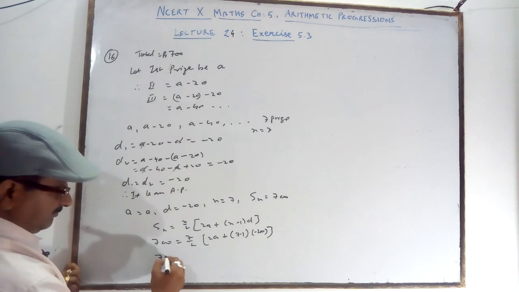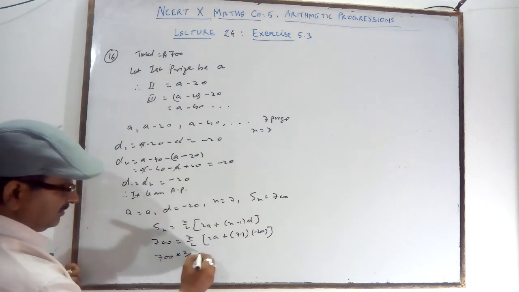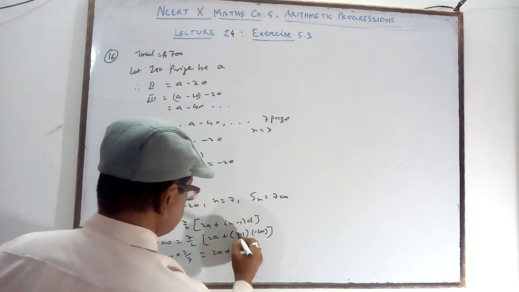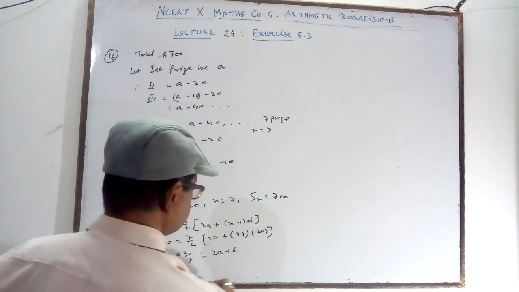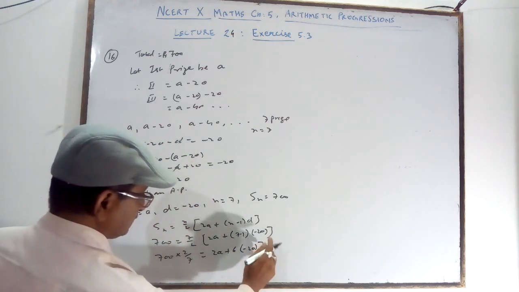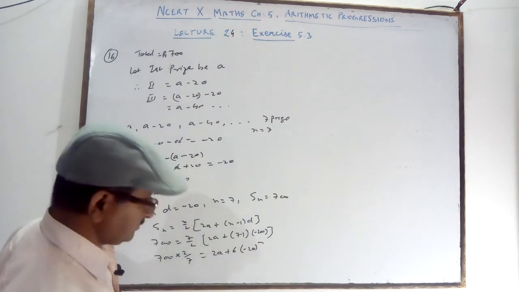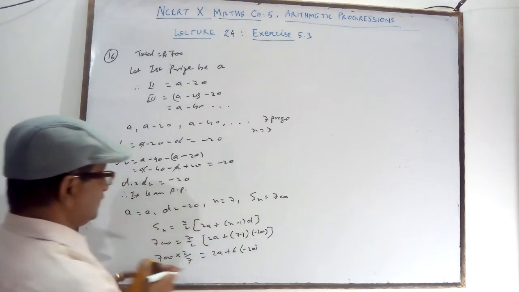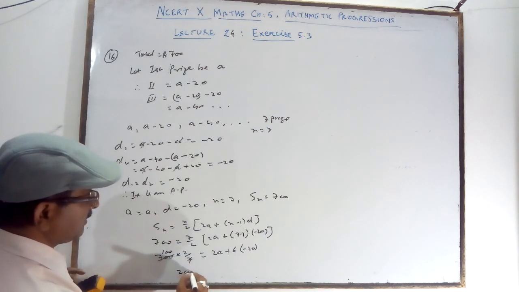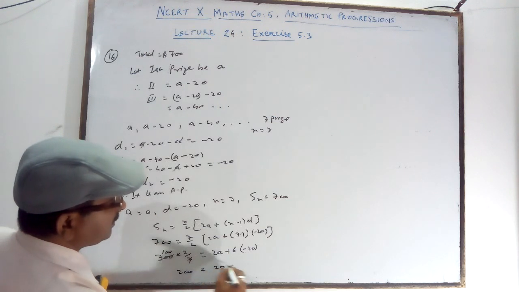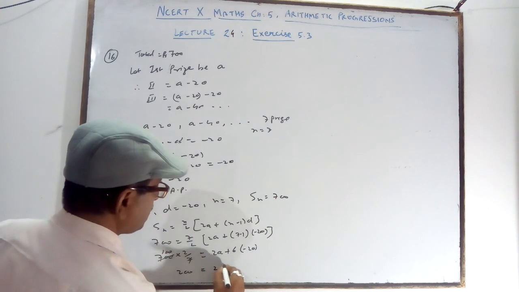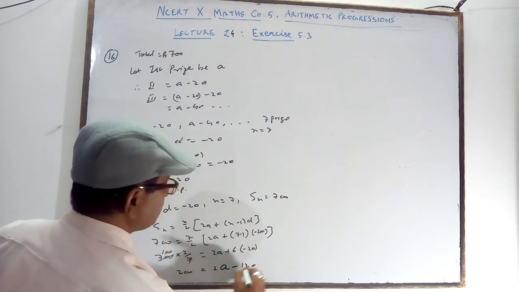So you will get 700 into 2 by 7 is equal to 2a plus 6 into minus 20. Then 7 and this cancel, and you are getting 200 is equal to 2a minus 120.